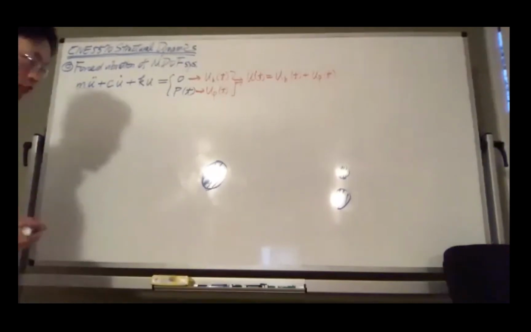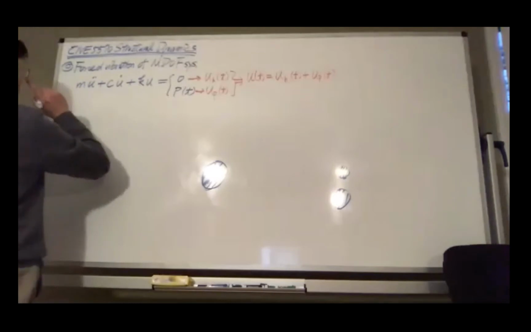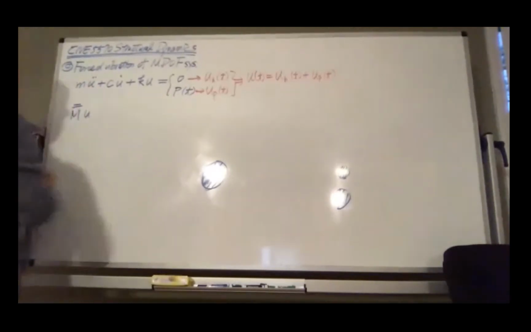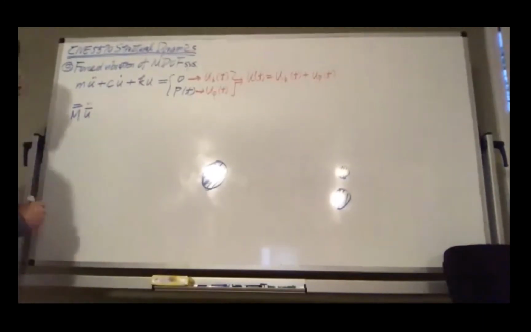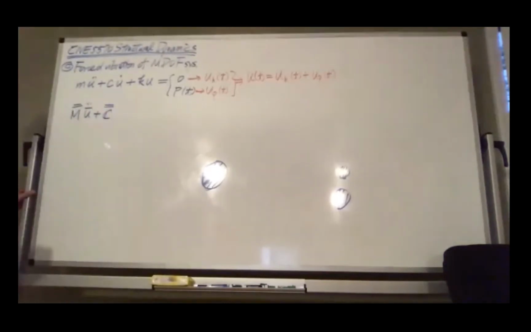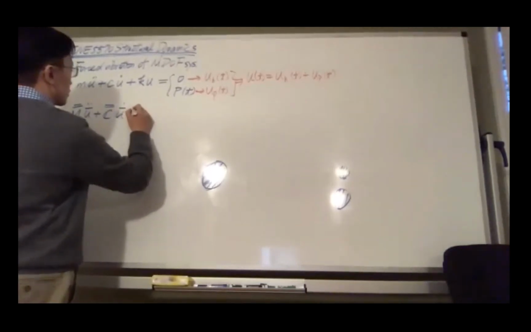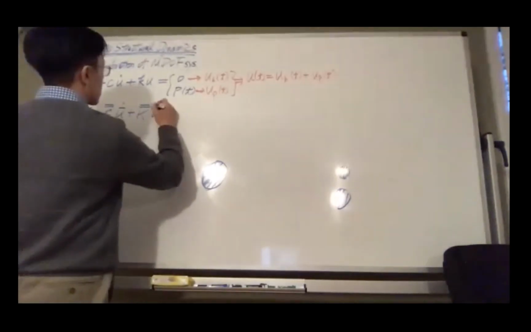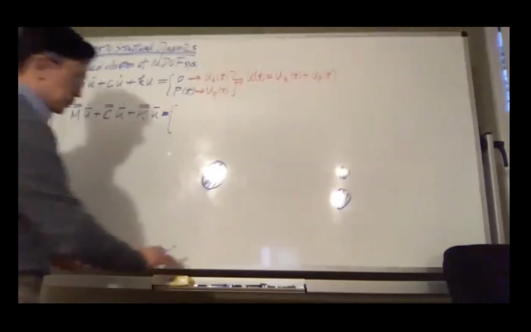For a multi-degree of freedom system, we no longer have just single values. You have to deal with the mass matrix times the acceleration vector, plus the damping matrix times the velocity vector, plus the stiffness matrix times the displacement vector, equals, of course, two possibilities.